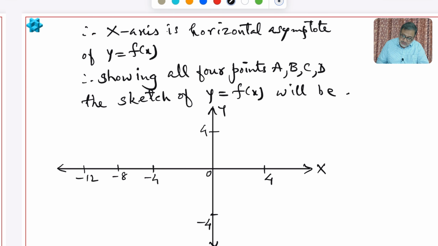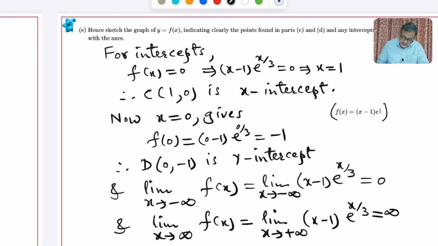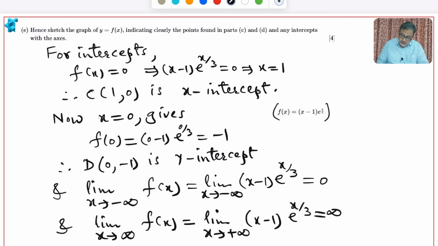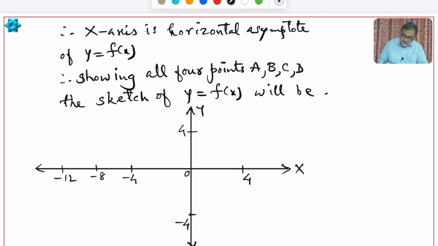So look here, we have all the 4 points A, B, C, D. So let us first mark the intercepts. C is 1, 0, right? So C will be somewhere here, C. Okay, let me put them here, C is 1, 0, and D was 0, minus 1.